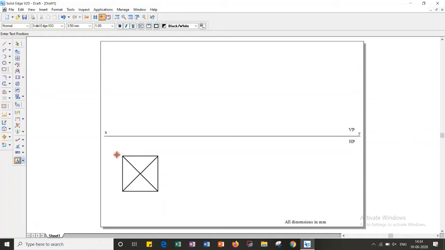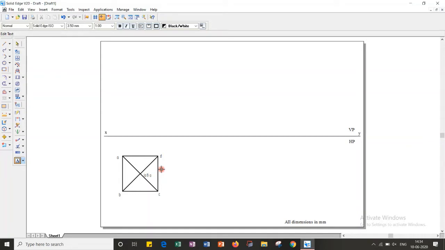Let me name different points. A, bottom corner B, C, D. This center I will mark as O1. O1 is not visible because O1 is the center of the base. Since it is not visible, we'll write it inside a bracket.